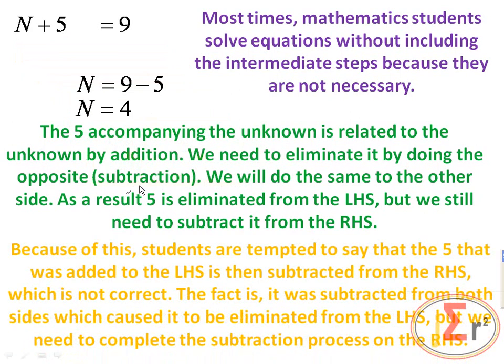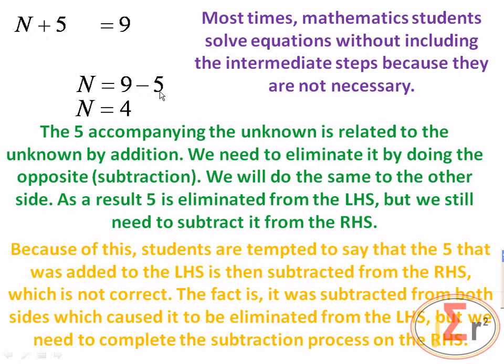Students have a tendency to say that the 5 that we have added to the left-hand side is now subtracted from the right-hand side. Notice that the 5 that we have on the left-hand side, and know that we are subtracting 5 from the right-hand side.